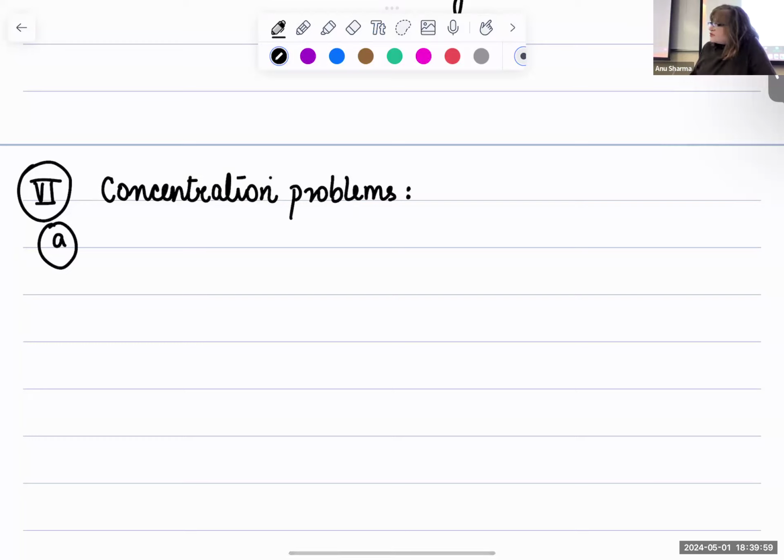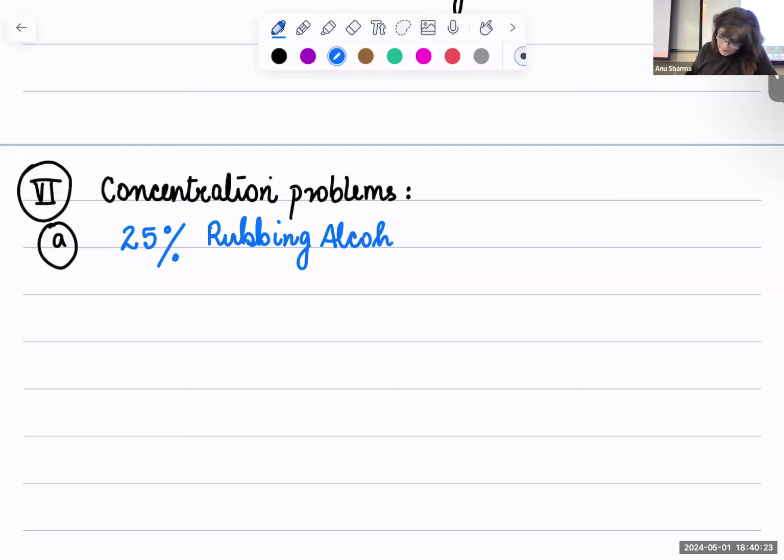Let's say there is 25% rubbing alcohol. Okay, 25% rubbing alcohol.